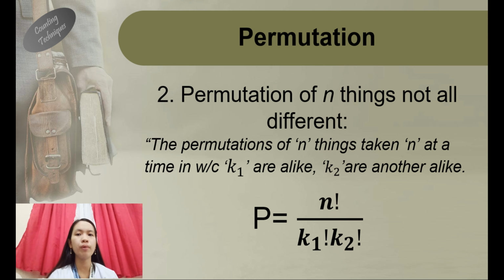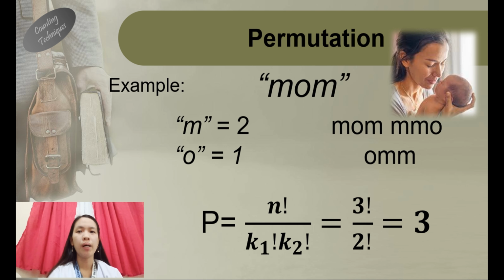We use the variable k to represent alike elements. In the word mom, 2 m's are alike. 1 m cannot be distinguished from another m.